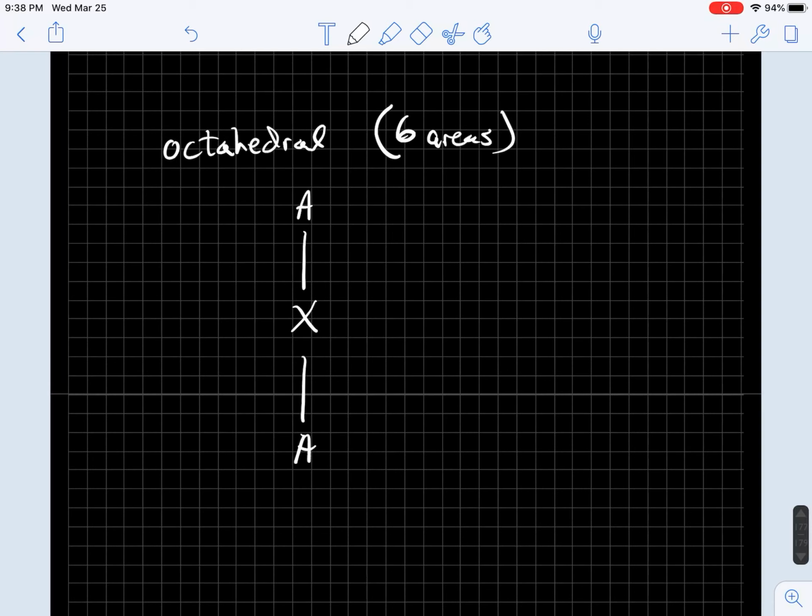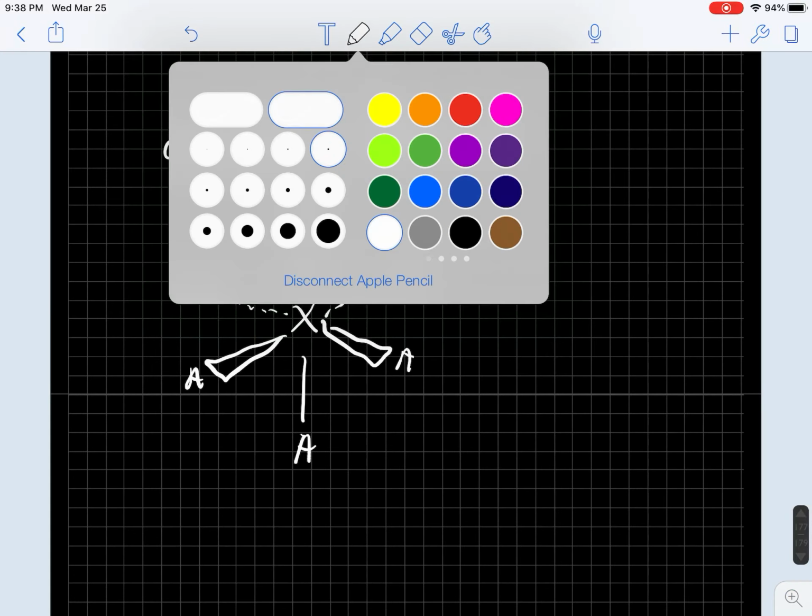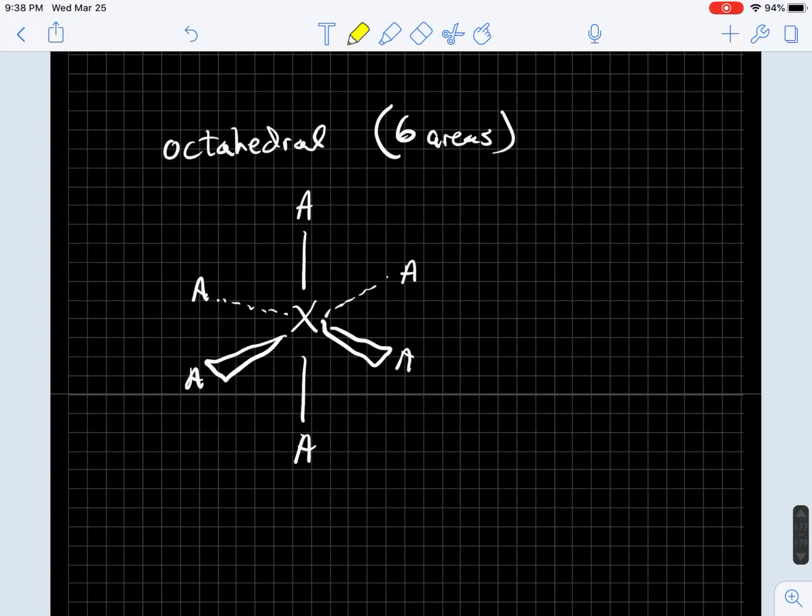And then the 4 are going to go around the equator and spread out as much as possible, which means into the corners of a square. So this goes away into the corner of a square. This comes towards us into the corner of a square. This comes towards us. And this goes away from us. And so you wind up with only one bond angle.